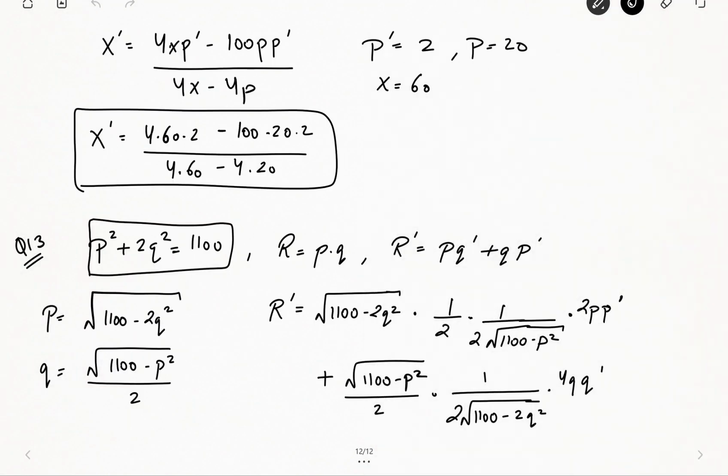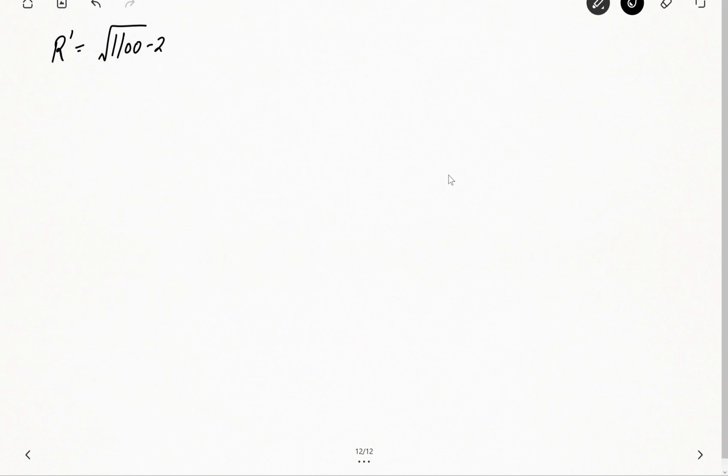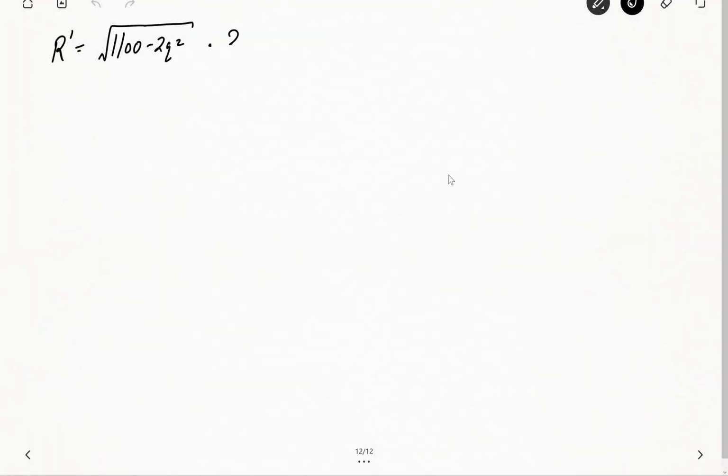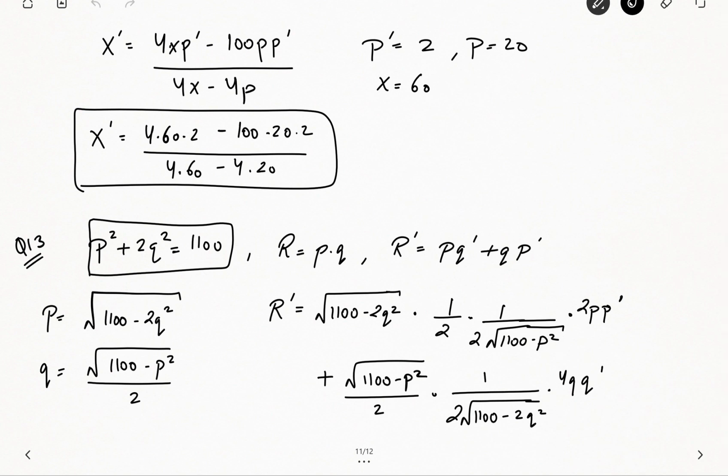We have revenue prime equals square root of 1100 minus 2q squared times 2pp prime, all over 4 square root of 1100 minus p squared, plus all of that.